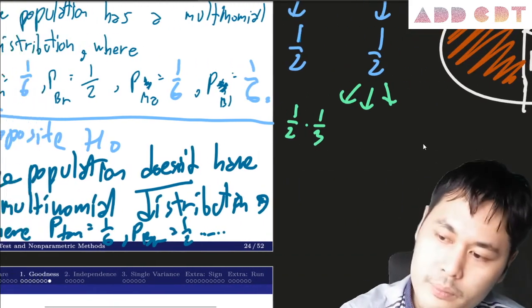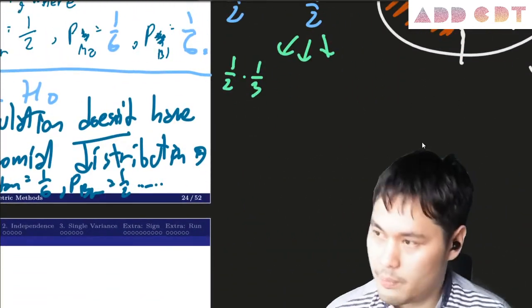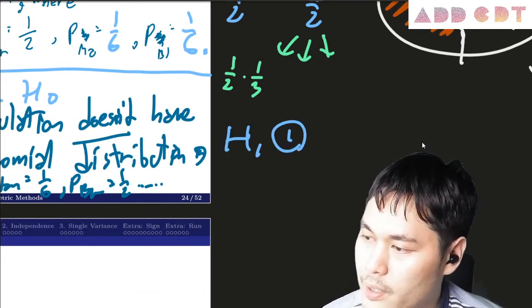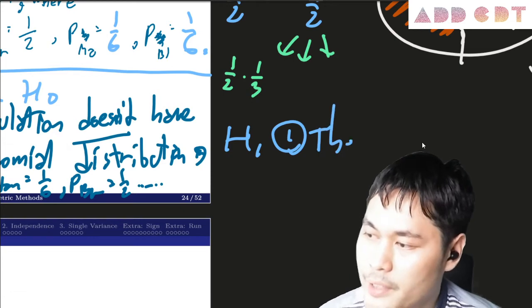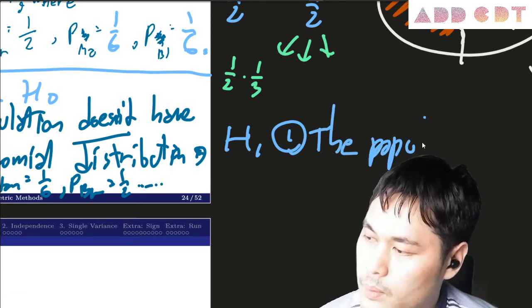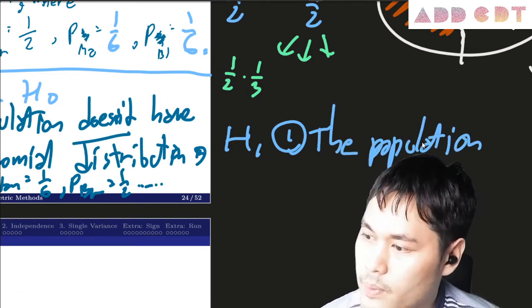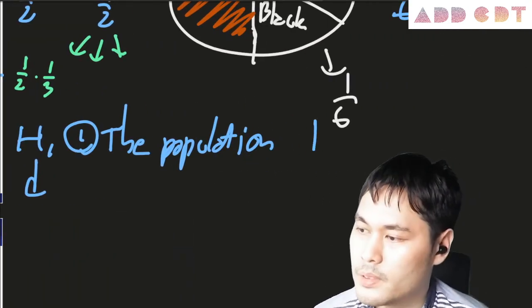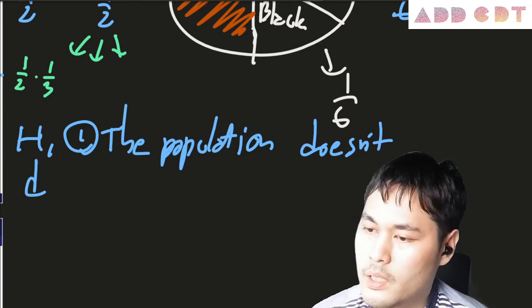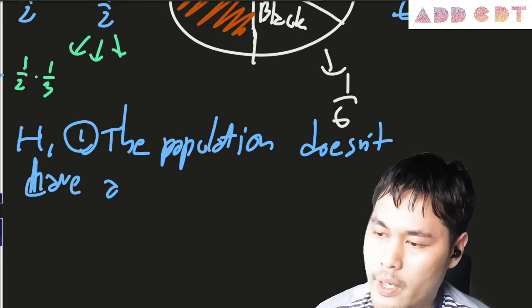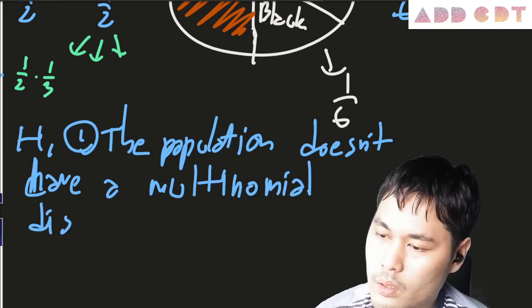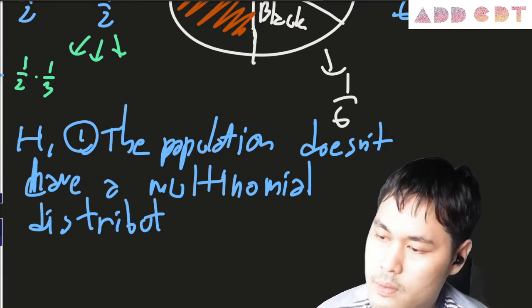Okay. What does it mean here? It can mean 2 things, right? H1 means we have the first case: the population doesn't have a multinomial distribution.